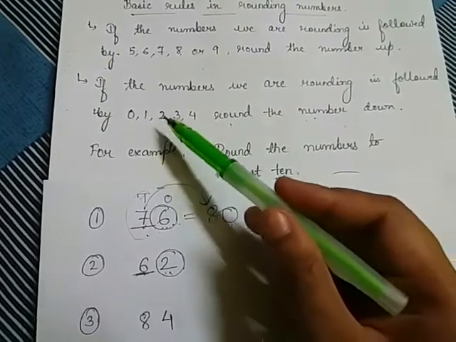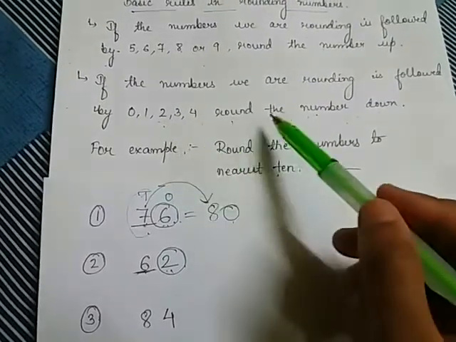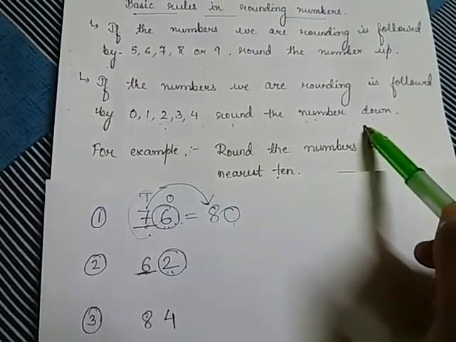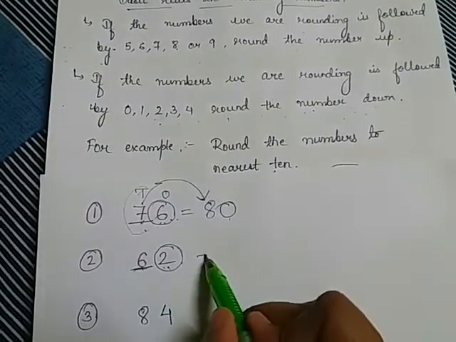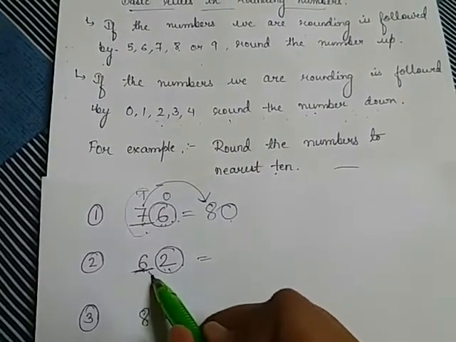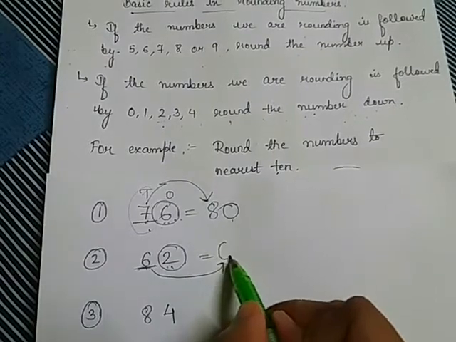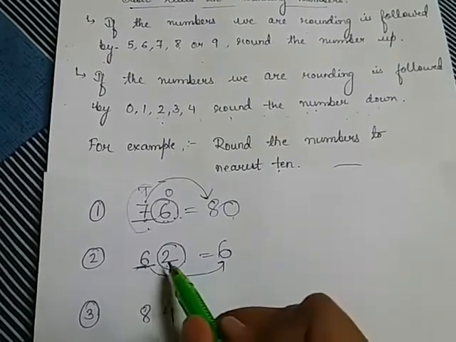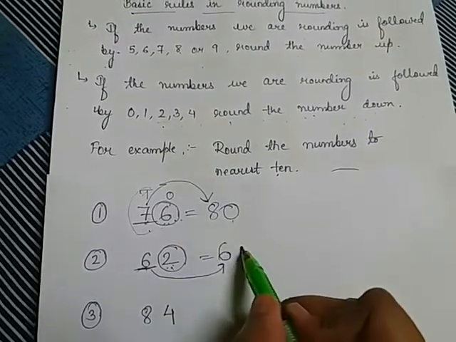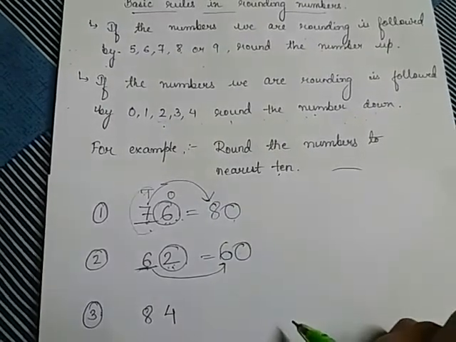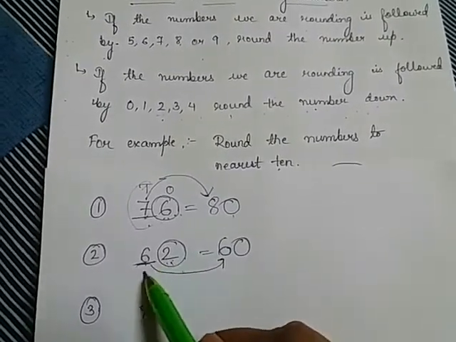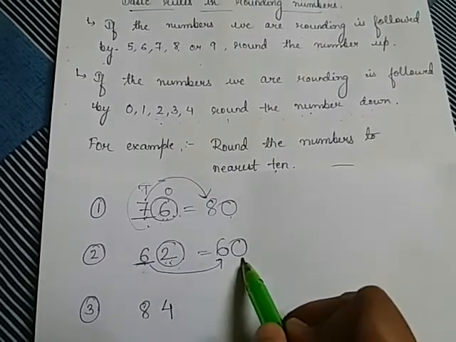We can see 2 comes here. That means we have to round the number down. In this case, when we round the number down, we keep the number the same, and automatically the ones digit will become 0. So the round off of 62 is 60.